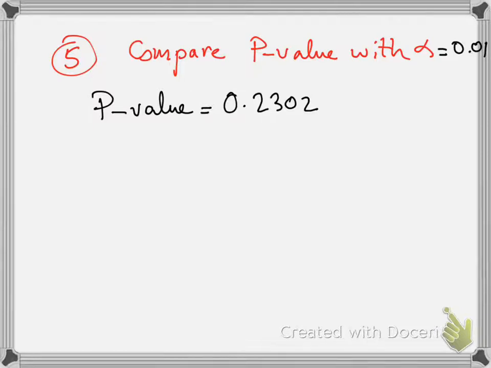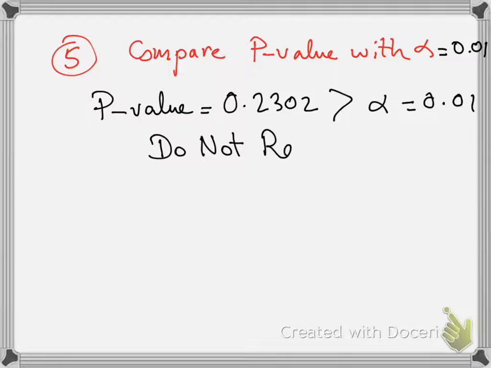So of course 0.2302 is larger than alpha, which is 0.01. We said if the p-value is larger than alpha, then we do not reject H0.